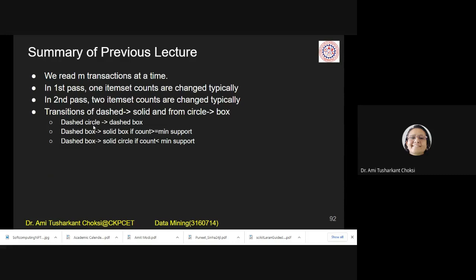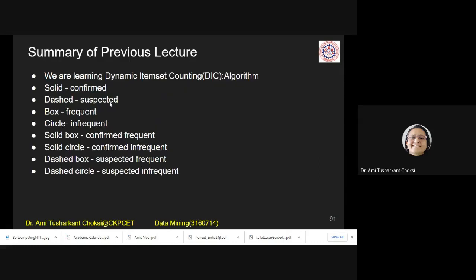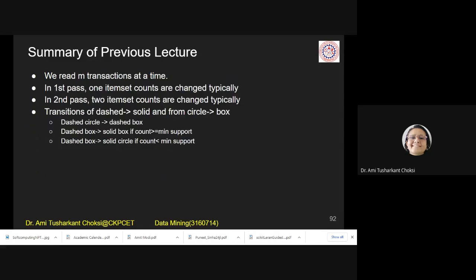Dash circle, where dash means suspected and circle means infrequent: suspected infrequent to suspected frequent.